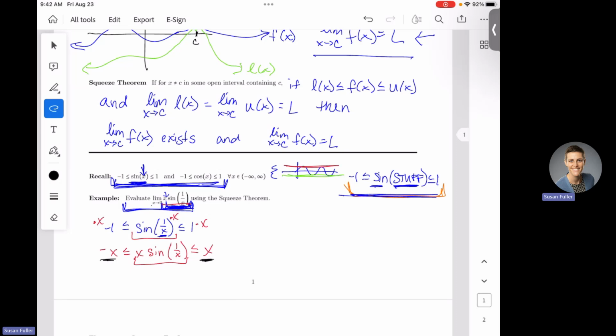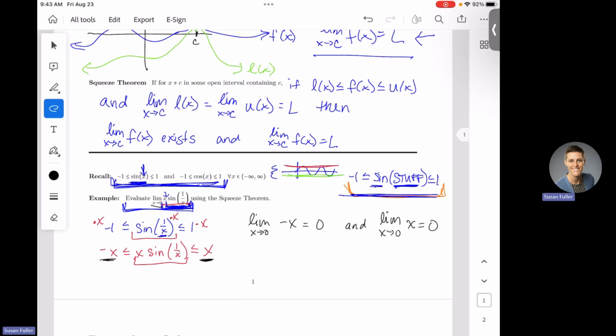Notice the limit as x approaches 0 of my lower function is 0, and the limit as x approaches 0 of my upper function is also 0.